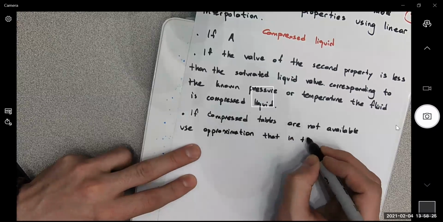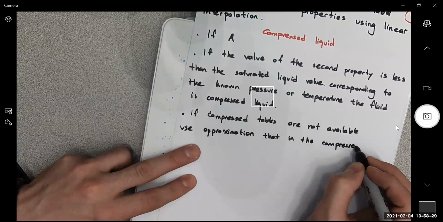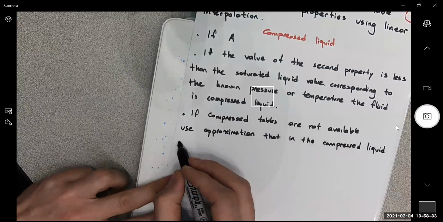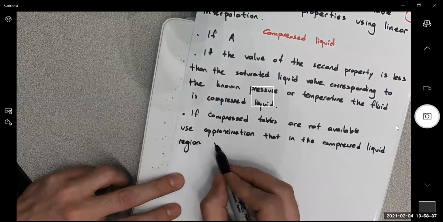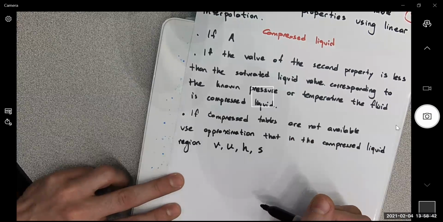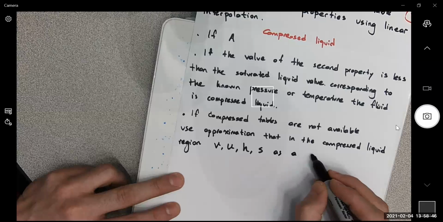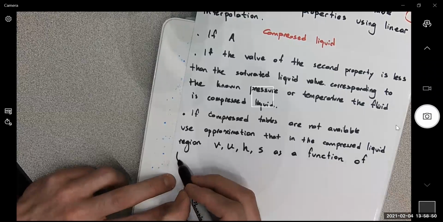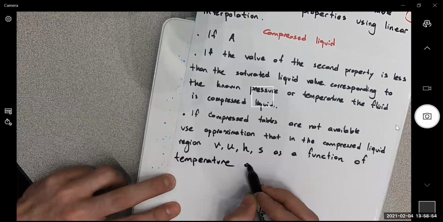In the compressed liquid region, the specific volume, internal energy, enthalpy, and entropy are functions of temperature only.